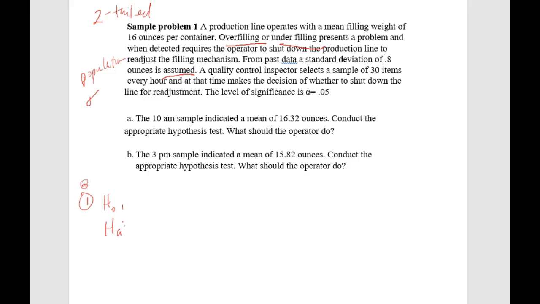So our alternative hypothesis is going to be mu is not equal to 16, which is the assumed mean. And then H naught is going to be the opposite, or the complement, of that. So mu is equal to 16.